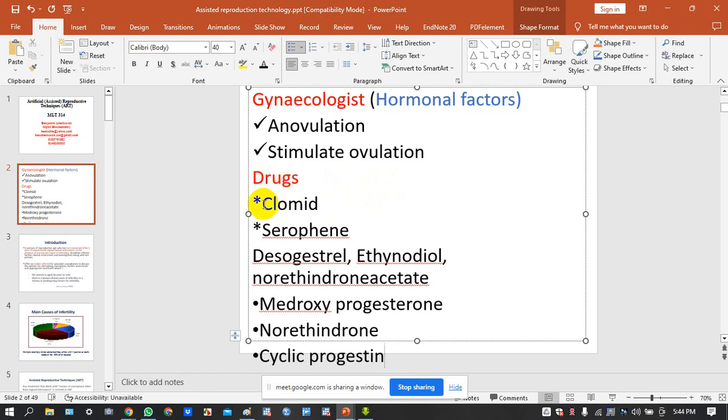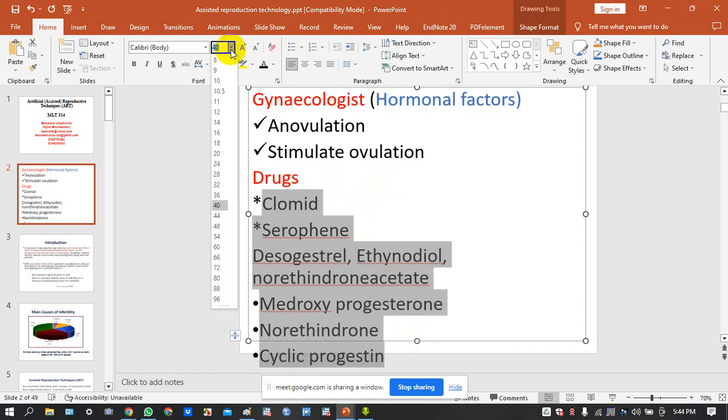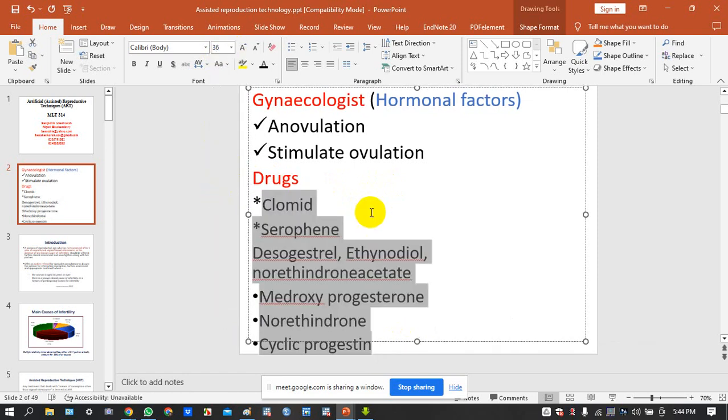But if the woman is not going through those things, then these drugs are there that can force her to ovulate. Clomid is there, Serophene is there, desogestrel, ethinyl estradiol, norethindrone acetate.